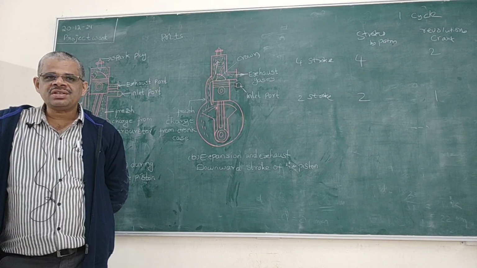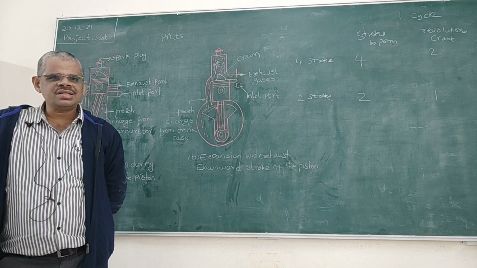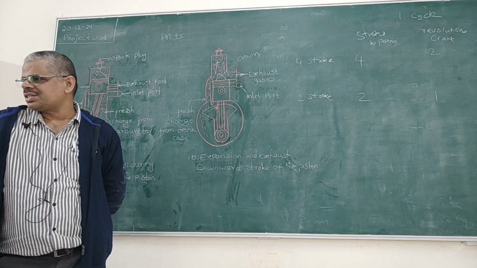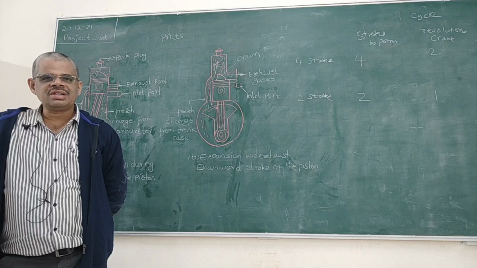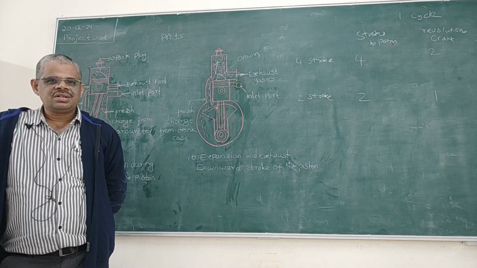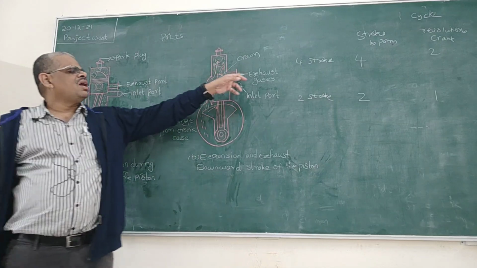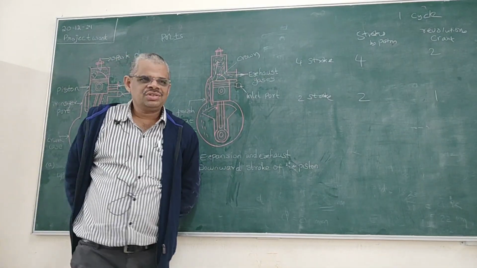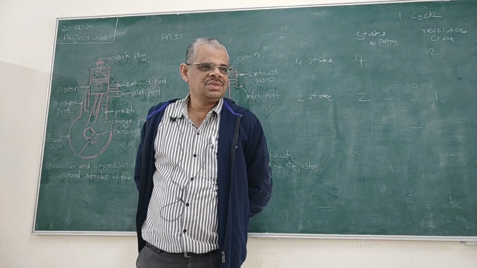It is not the case with 4-stroke engine. In 4-stroke engine, there is no mixing of fresh charge and exhaust gases, because there are separate strokes for each and every event. So that's why some quantity of charge is wasted. It is simply sent out along with the exhaust gases without burning.